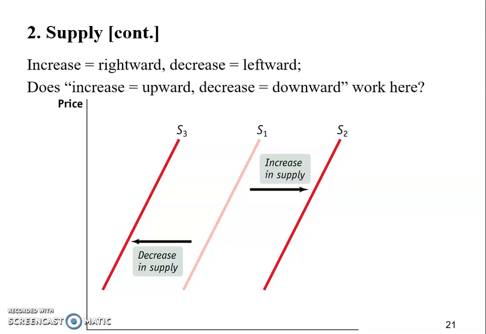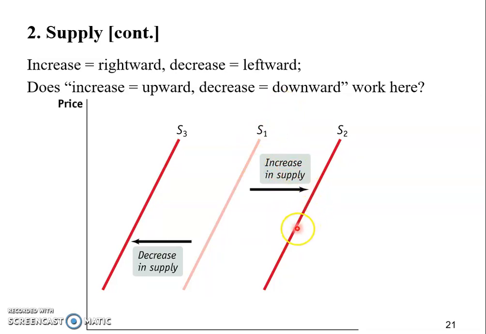Now, some of you, I found in the past that if you already got the econ background in high school, you tend to use move upward or downward. Please don't use these words because they are quite confusing. For example, here, when the curve shifts from S1 to S2, if you start with a specific quantity here and go up, you hit S2 first, and keep going up, you hit S1, probably, if we can extend it at this point.